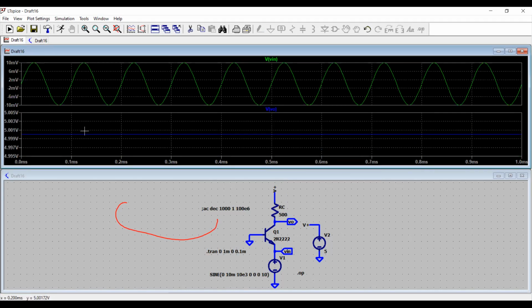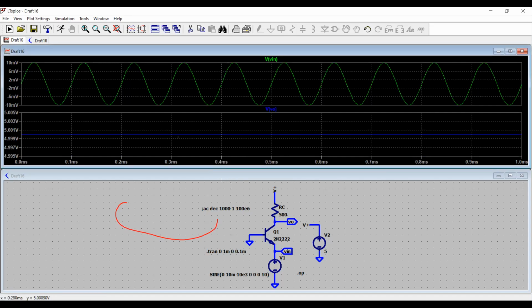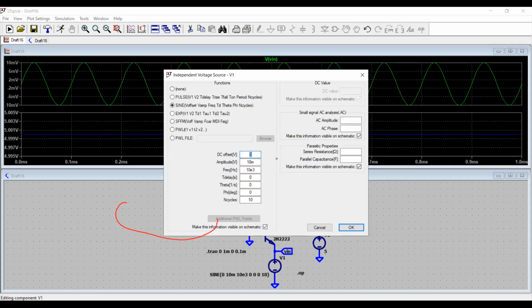Output voltage is not shown here. Why? Let me right click maybe. Zoom to fit. Okay. Is there an issue that we are not getting the output? Okay, that's probably because we missed to put the DC bias here, minus 0.7, for example.